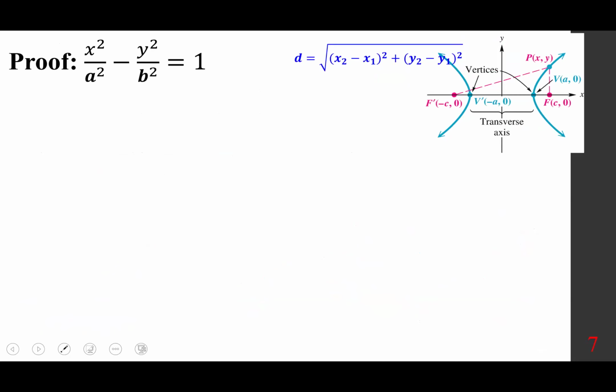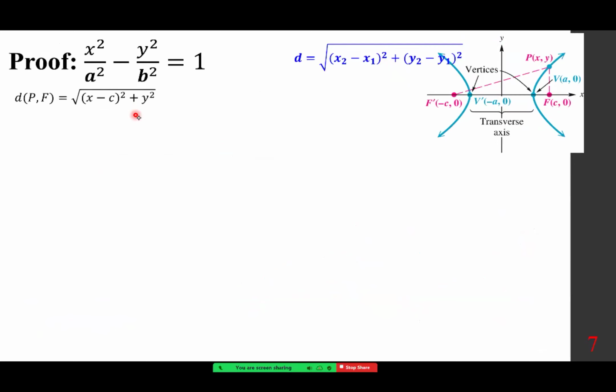All right, we're going to continue with the proof as follows. We mentioned the distance from this point to F, we can follow the distance from here. Remember, the difference of distances is 2a. So we are going to look at PF, which is the square root of x minus c quantity squared plus y minus 0 quantity squared.